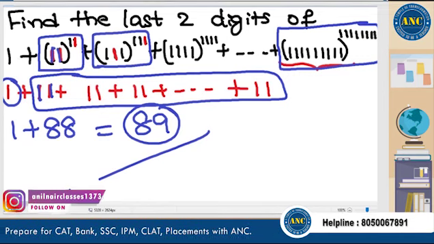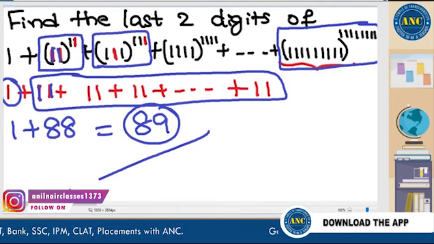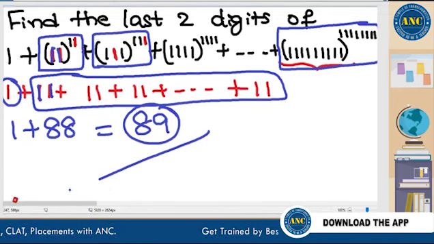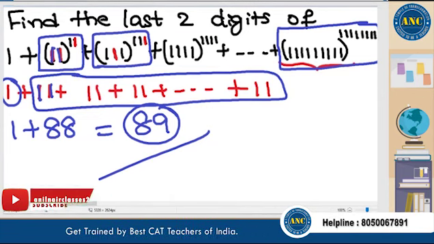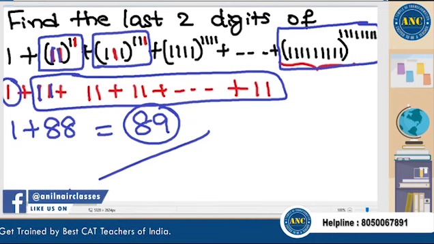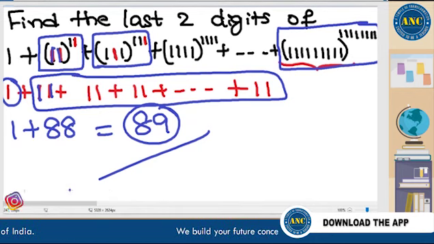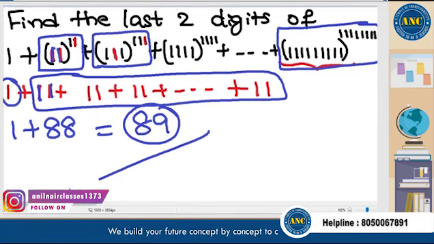How much time will it take for you to solve this very tricky question, sir? It actually takes probably less than 5 seconds for you to solve this question, and that is only possible by using the concept, not by using formulas. Kindly avoid using formulas. I have seen so many students using formulas.